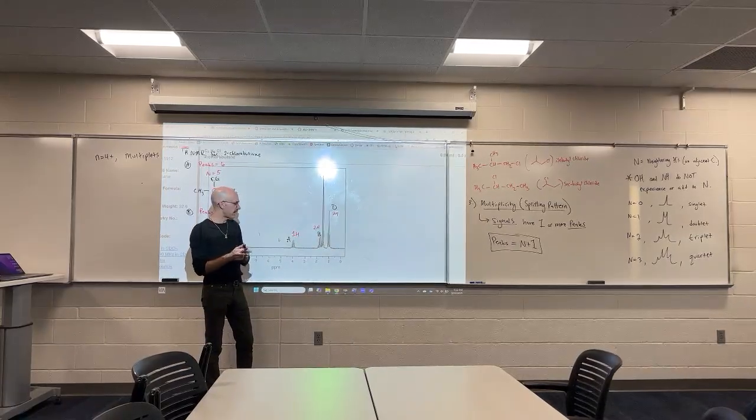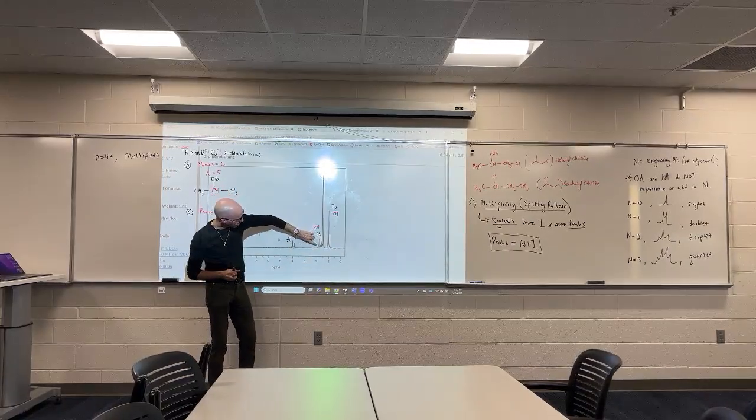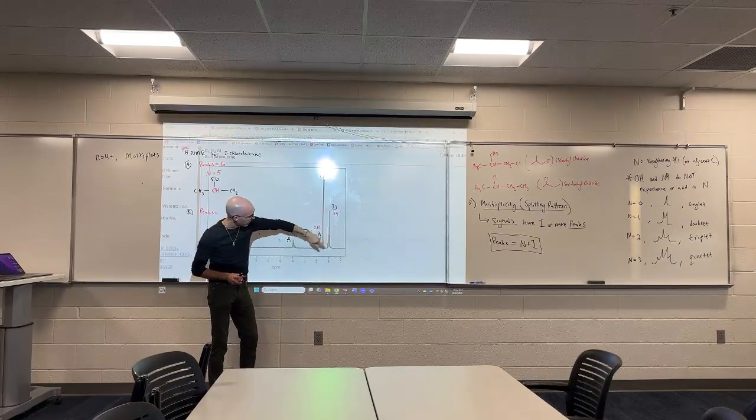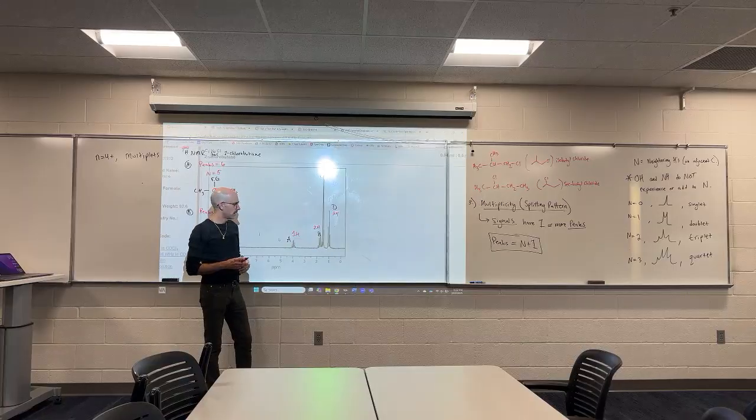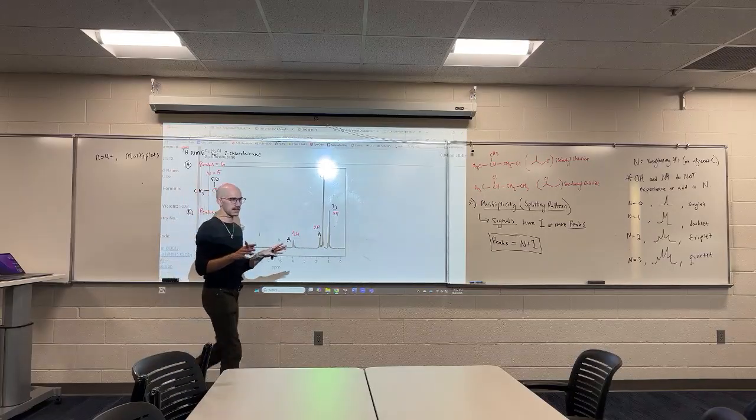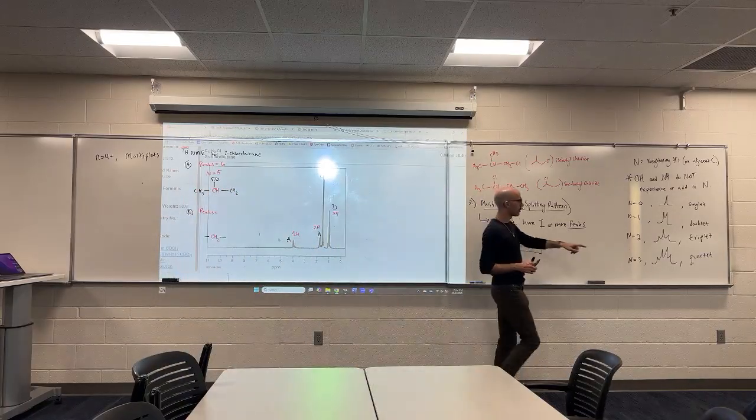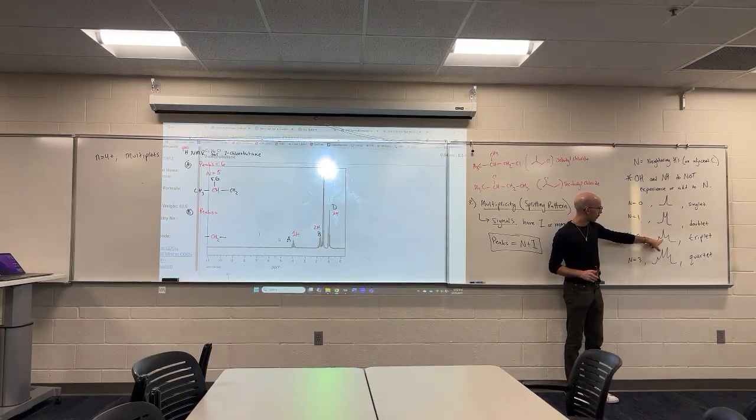But let's see if we can find how many peaks. It looks like I've got a small one here. 1, 2, 3, 4, maybe a small one here, 5. If I had 5 peaks, would you agree that with the odd number of peaks, I would expect the 5th one to be the tallest?